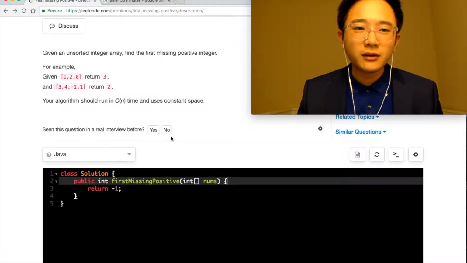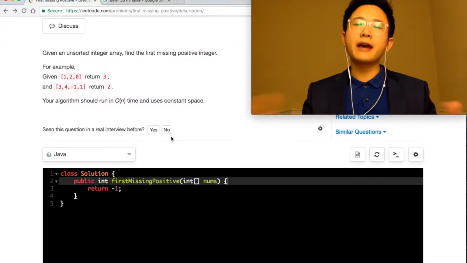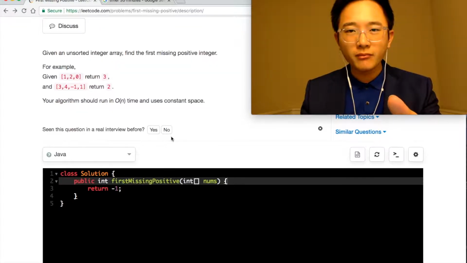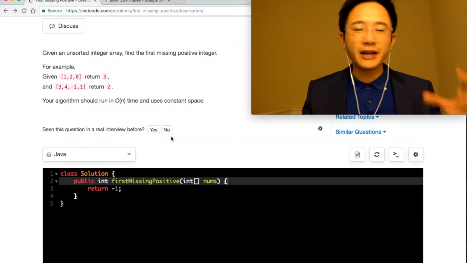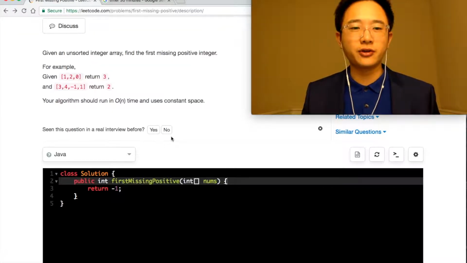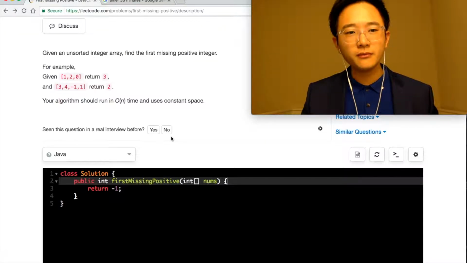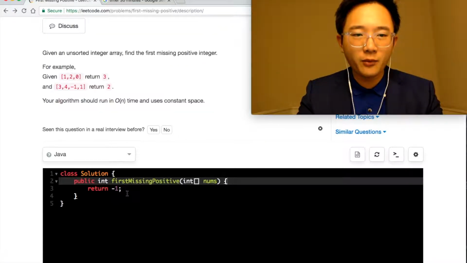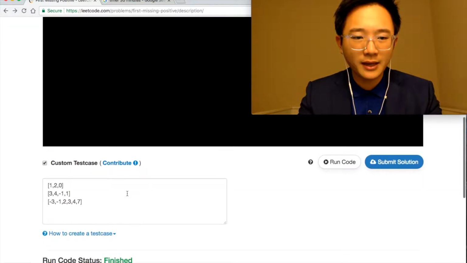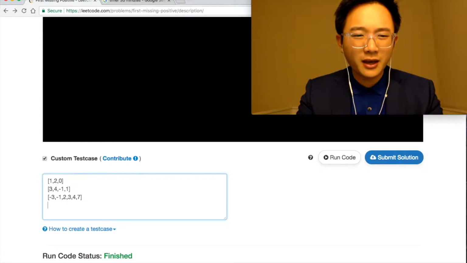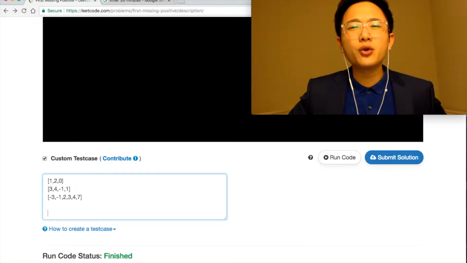Now we have an array, a group of scrambled integers. Can we use something called bucket sort?